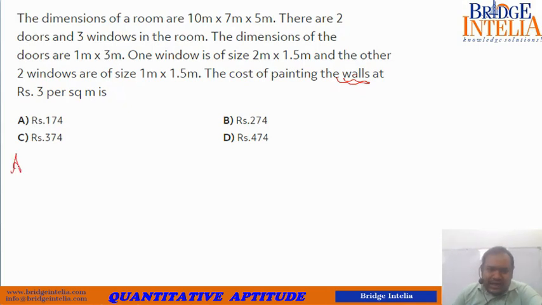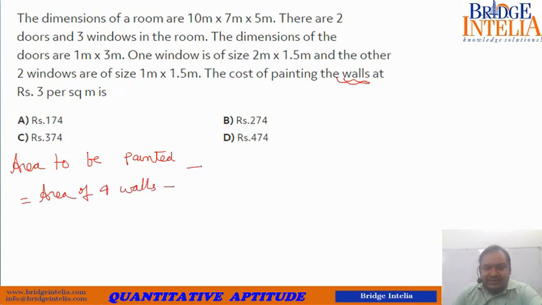So area to be painted is equal to area of 4 walls minus the sum of area of doors and windows. So let's calculate what is the total area that is actually getting painted.